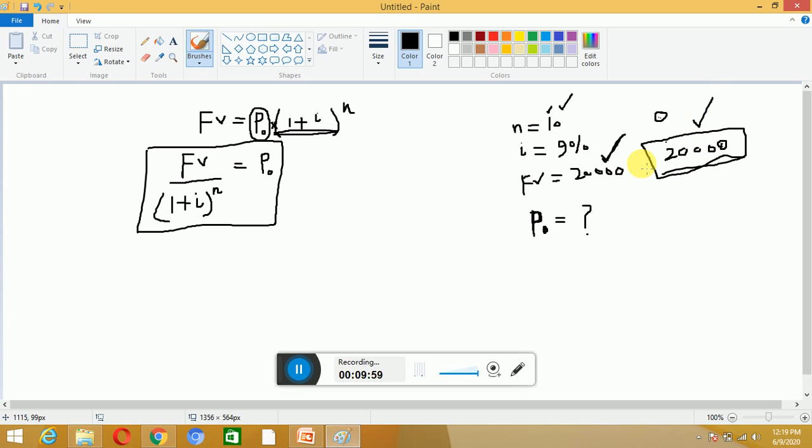So how much money will you deposit today so that after 10 years this money will become $20,000 at an interest rate of 9%? This is basically the present value. So put these values in this formula. It is very simple. P naught. What is the future value? You need 20,000.